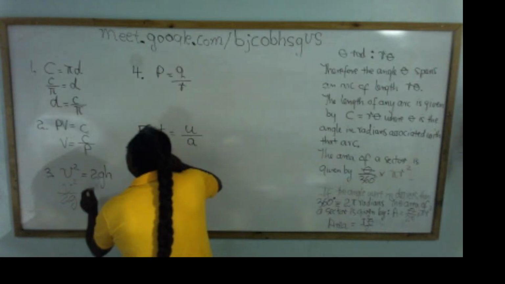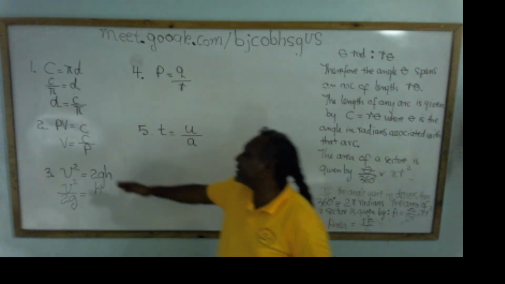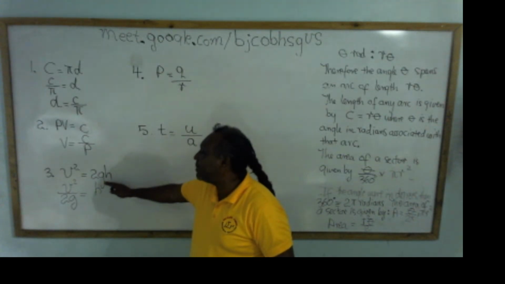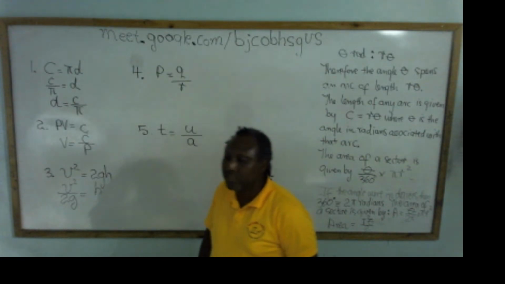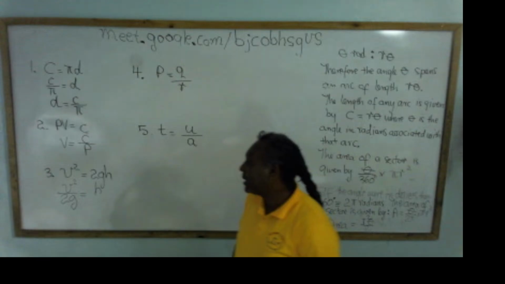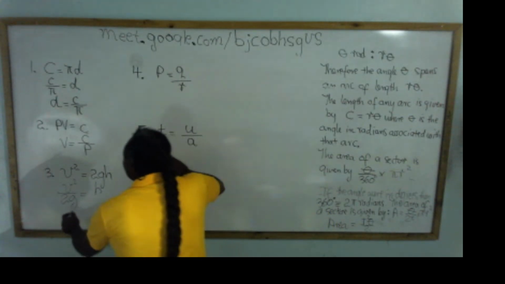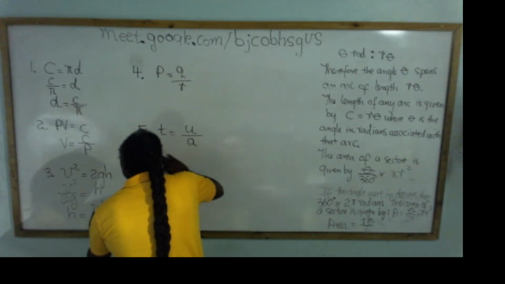And on this side, the 2G will be eliminated. When we divide this side by 2G, the 2G will be eliminated from here. And on that side, we have V squared over 2G, because we are dividing both sides by 2G. At the end of it, we have what? Make H the subject of the formula. H is equal to V squared over 2G.